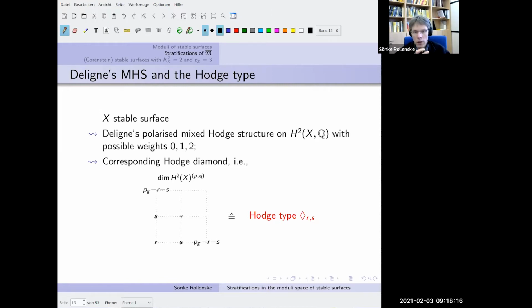The only thing I know is by a theorem of Steenbrink, and I think Radu also explained this, that these numbers R and S, if there is a degeneration and I get a limiting mixed Hodge structure, then these numbers R and S are the same for the limiting mixed Hodge structure and my Deligne's mixed Hodge structure. And this is, I think, basically because SLC singularities are Du Bois.